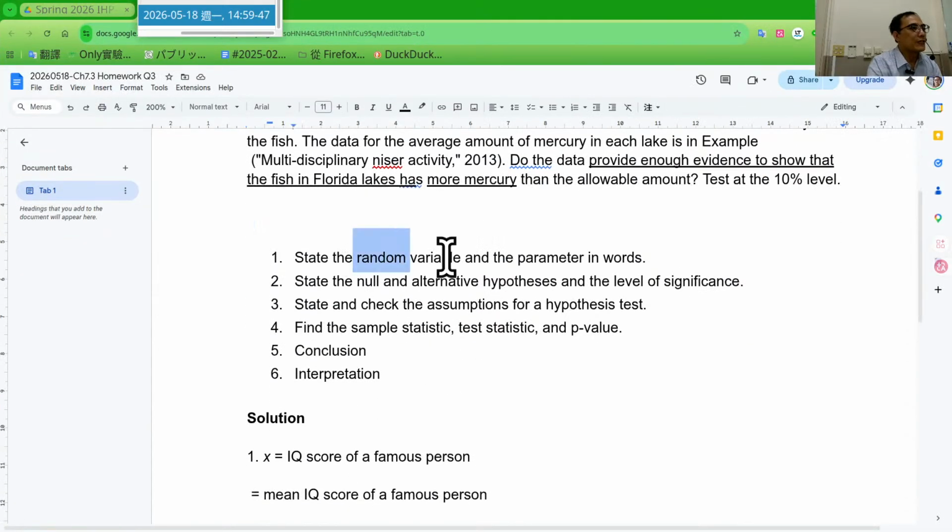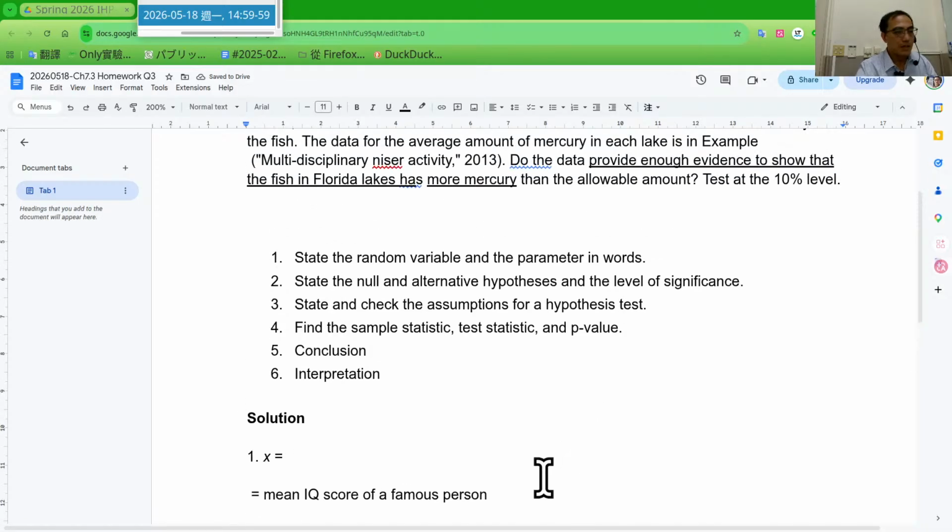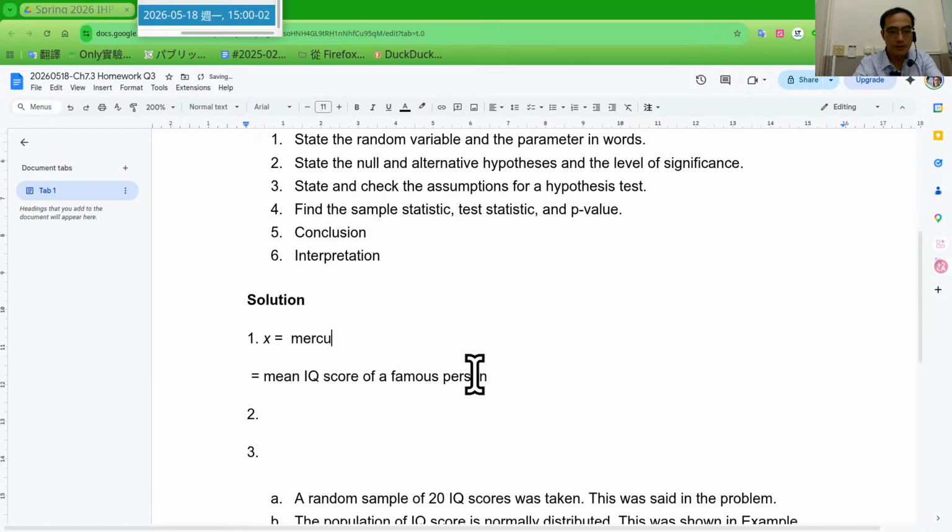Thus, set a random variable in words. First, X. Set X as the mercury level of fish caught from lakes in Florida.